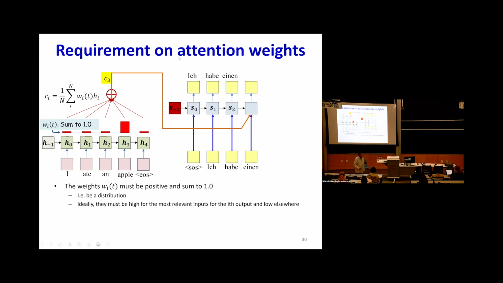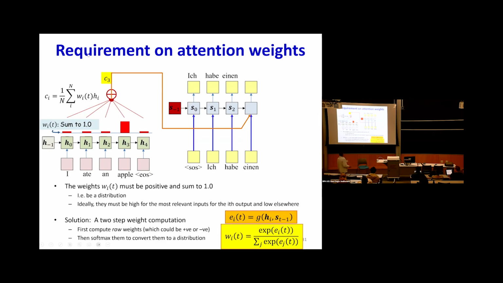Now, what kind of function will give you a bunch of weights that are positive and sum to 1? A softmax, right? So basically you want the weights to be a distribution, and the weights to somehow highlight the appropriate words on the input side. And so the way we do it is that we use a two-step process. In the first step, we compute a raw weight for each of the terms on the input.